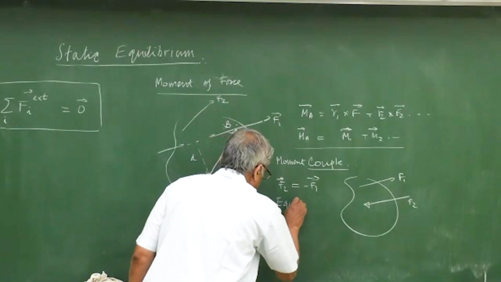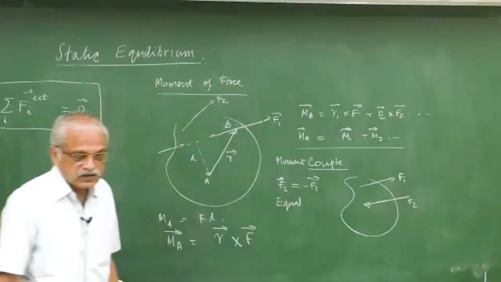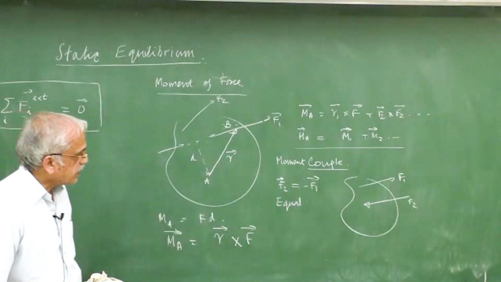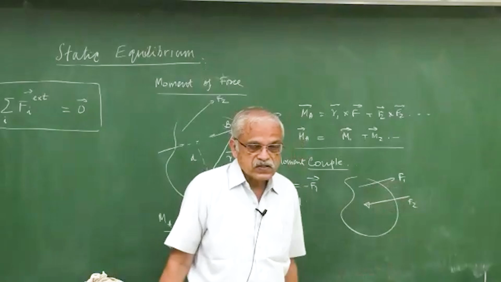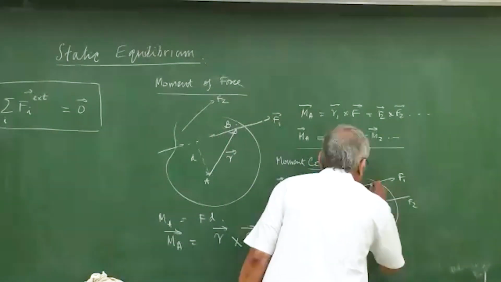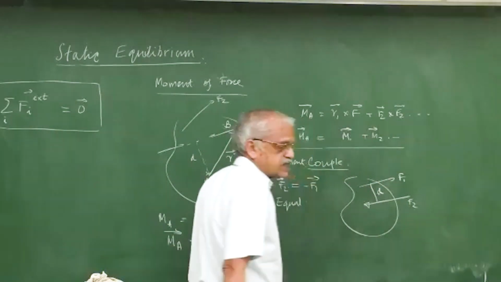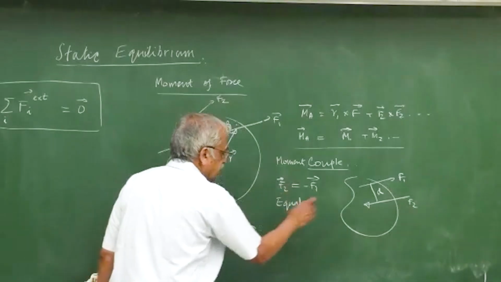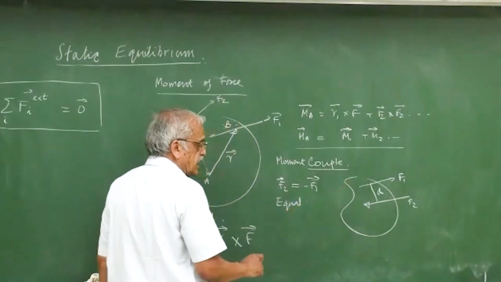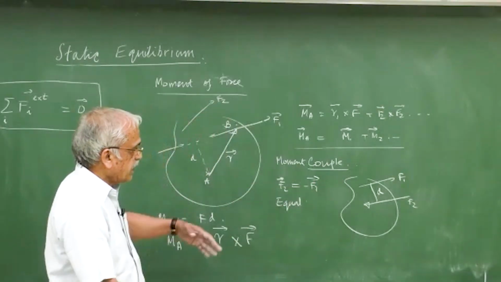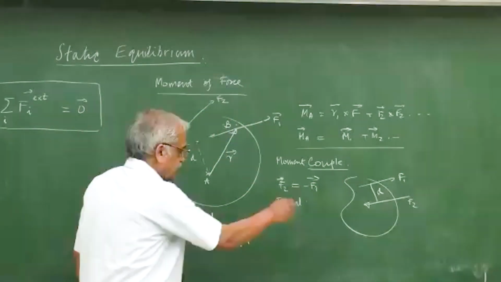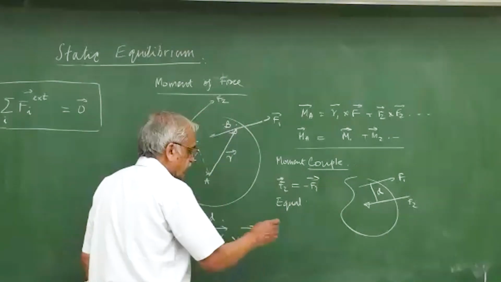So what is its effect? This is very important for us to understand. We are putting it as two forces which are separated by a distance d. We know that as a vector summation they come to 0. This you have done a number of times probably.